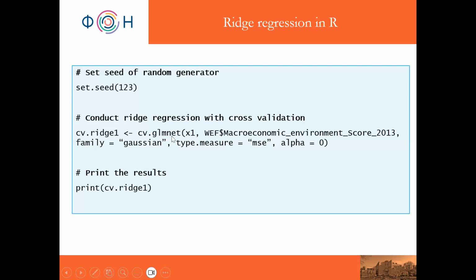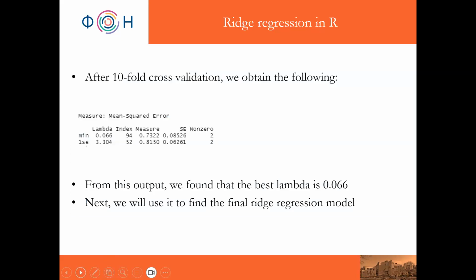After conducting our cross validation, we want to print out our results. So print cross validation of our ridge model 1. Okay, here it did tenfold cross validation.